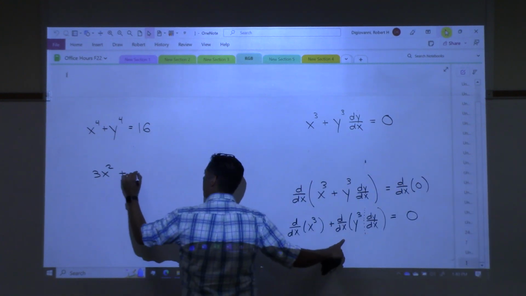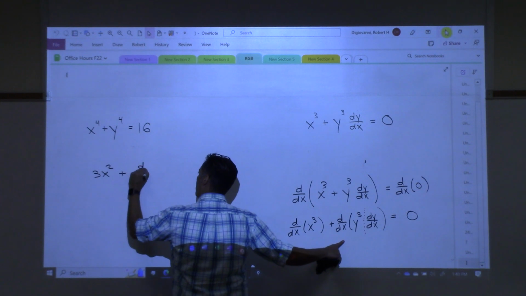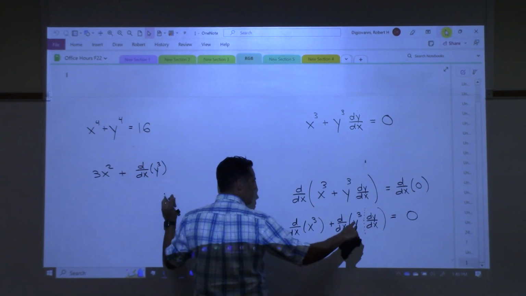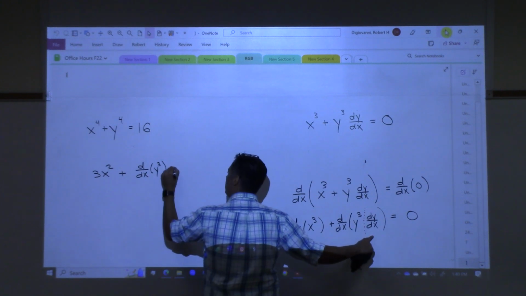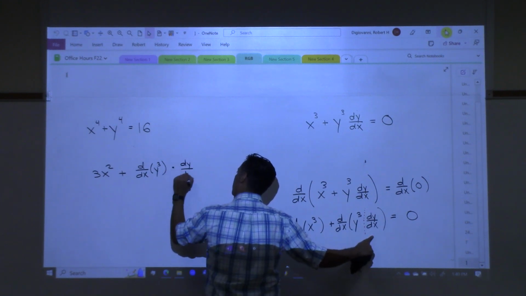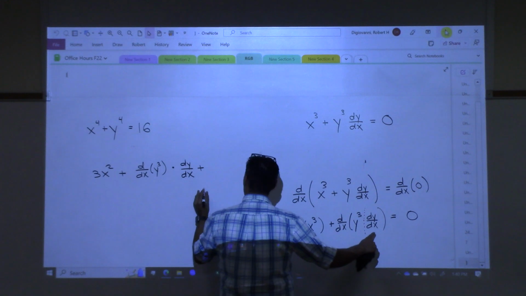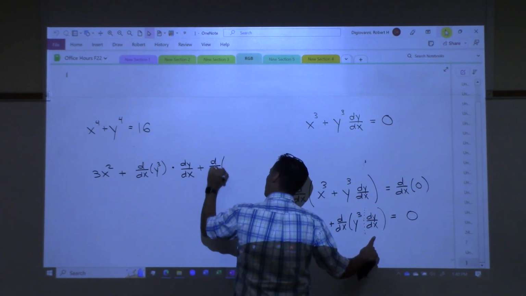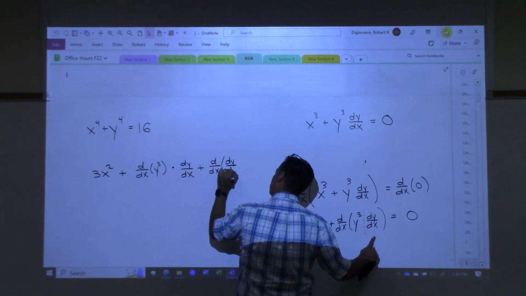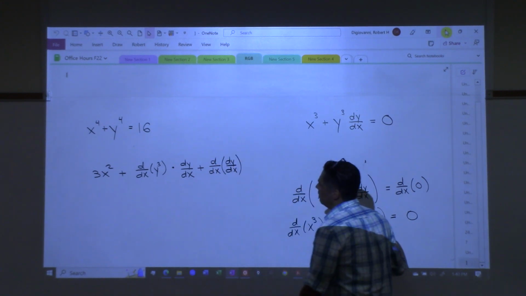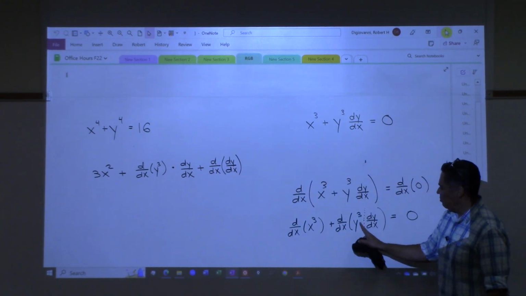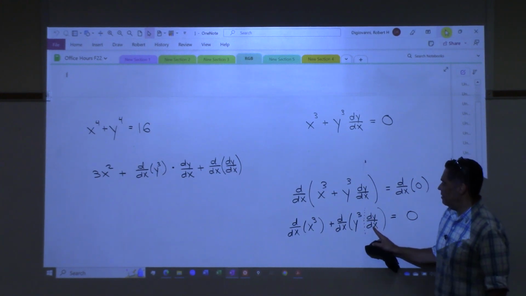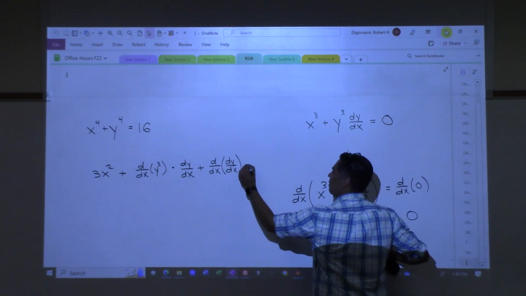I need to take the derivative with respect to x of y cubed, okay, that's the derivative of the first one, times the second one, plus, now the derivative with respect to x of dy dx, like that. So I'm taking the derivative of the first one times the second, plus the derivative of the second times the first.